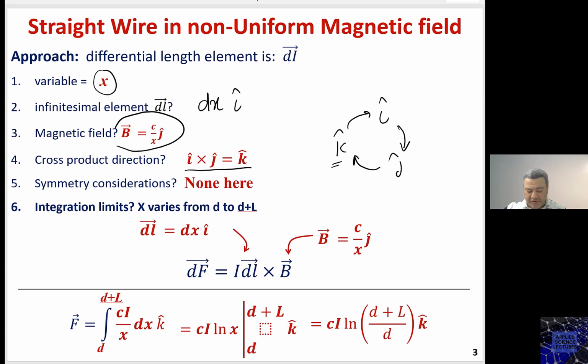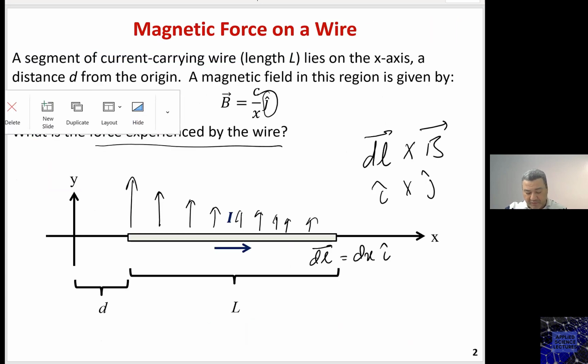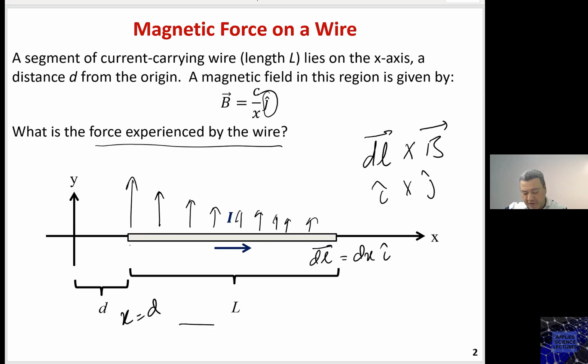So there is no symmetry here to worry about or to make use of. And for the integration limits, our variable x varies from d to x equals d plus L, which is the length of this wire.